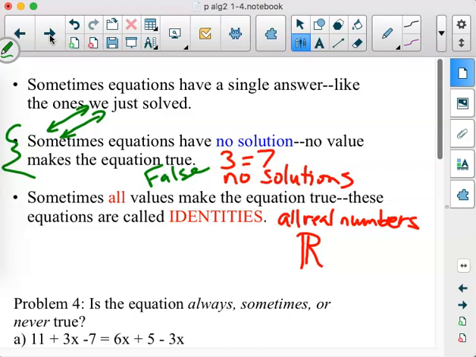The lines are parallel. Now sometimes all values make the equation true, and that happens because even though we didn't notice it, they were actually the same line. One line graphed right on top of the other, and that's why it's all real solutions, because where they intersect is where we find our answers.